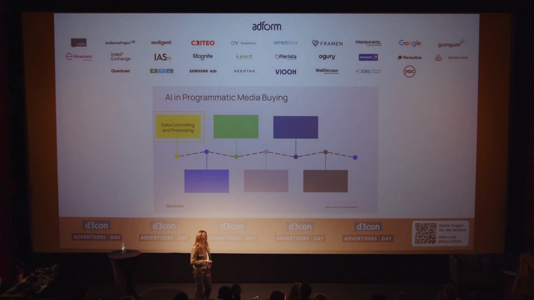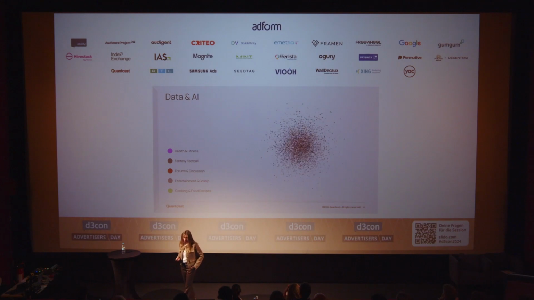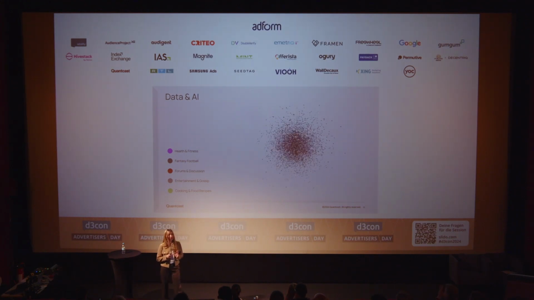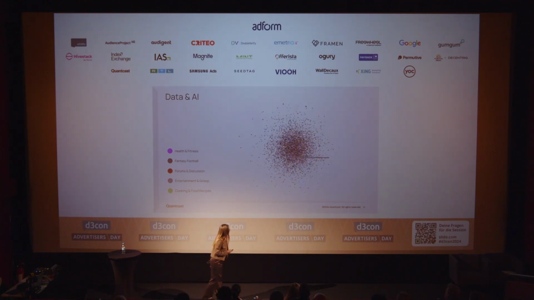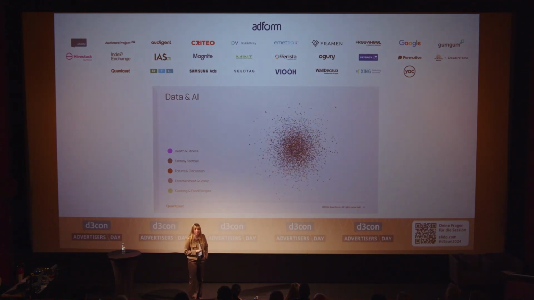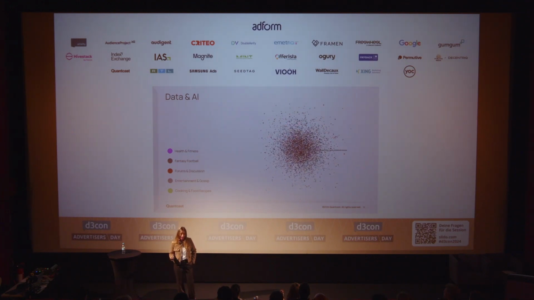Let's start with the first part around data collection and processing. This term AI is always a little bit abstract, so I want to visualize it here with this animation. This is a visualization of something called natural language processing, which is a subcategory of AI.